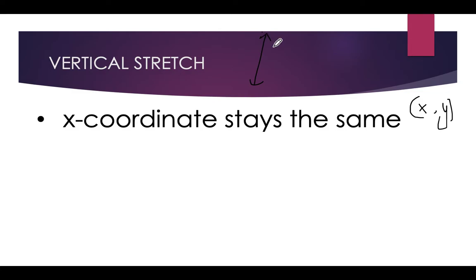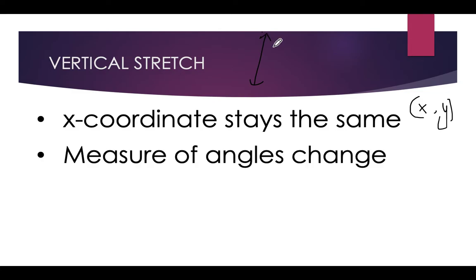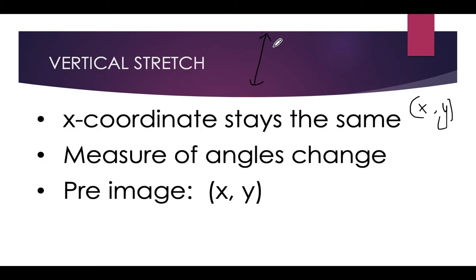So when you are performing a vertical stretch, you're going to multiply only your y value on the coordinate grid by whatever your scale factor is. The x coordinate stays the same.